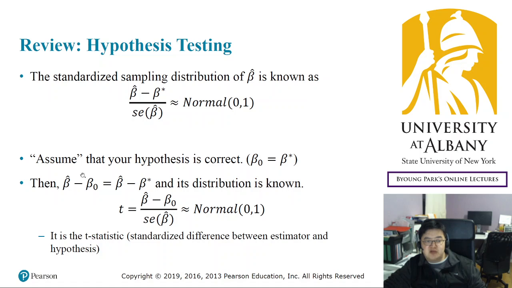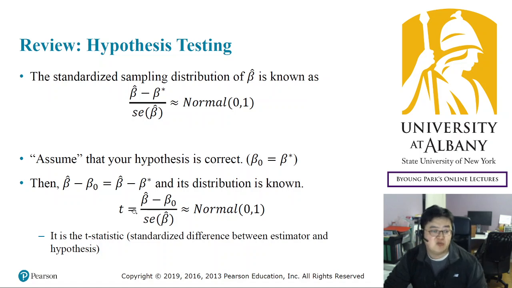This is what we are interested in: the difference between the estimator and your hypothesis, assuming that your hypothesis is correct. So what you believe is the truth. If you assume that, then the numerator can simply be replaced with the difference between the estimator and the hypothesis, which is still normally distributed because they are the same thing.